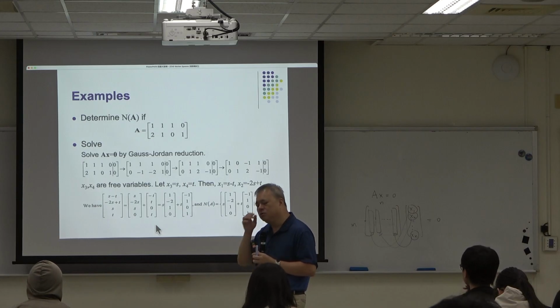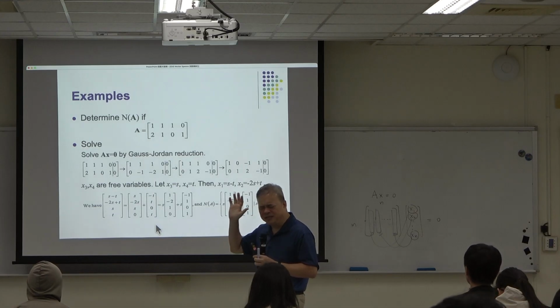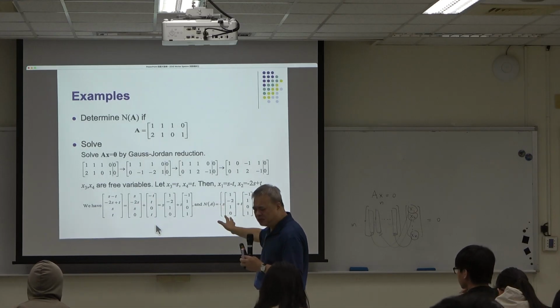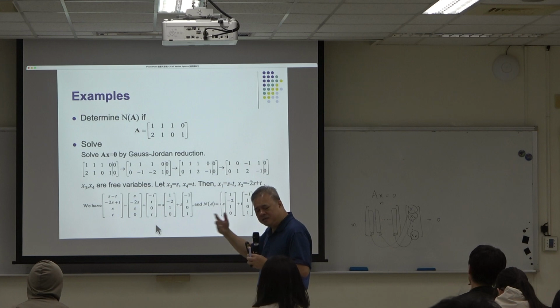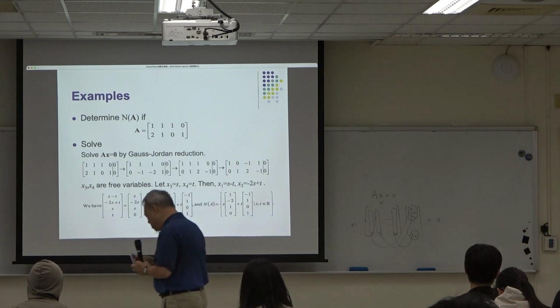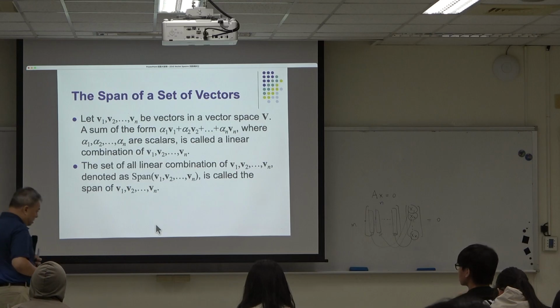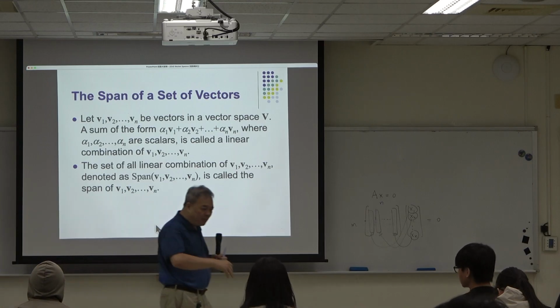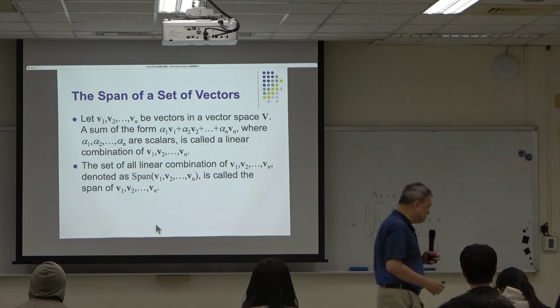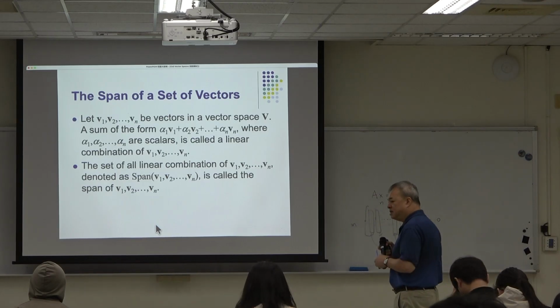So how do you do it? That's another way to rationalize this null space, because later on this type of idea will help you have a better understanding. So we will come back to this null space later, when we discuss the dimensionality.